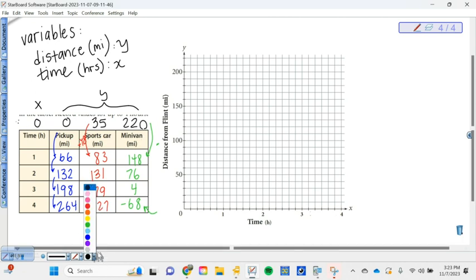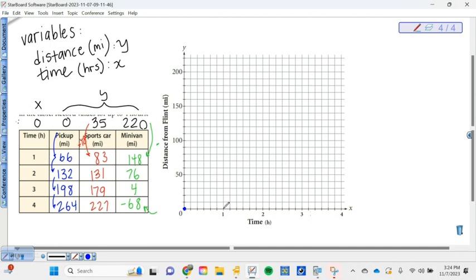So let's go ahead and again we'll plot our pickup truck together. So I'm going to start at time 0. When the time is 0, the distance from Flint is 0. So that's my first point for the pickup truck. And then after an hour, the pickup truck is going to be 66 miles from Flint.